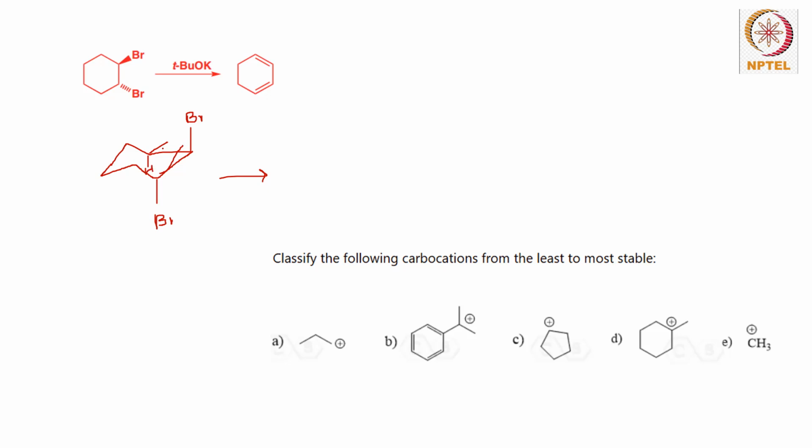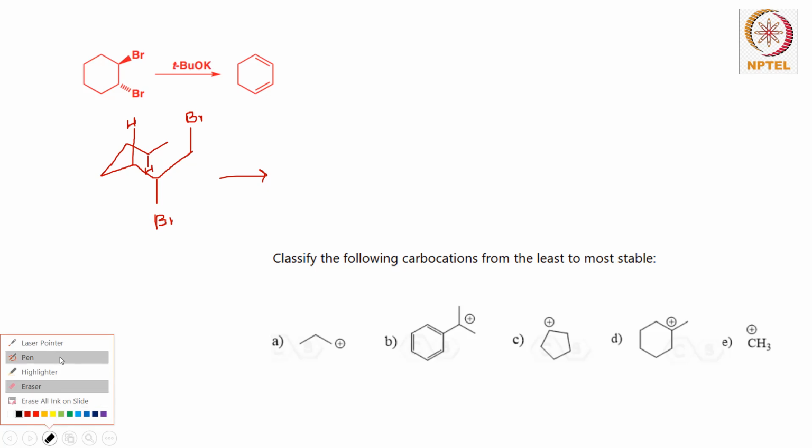See, this is totally anti to itself, and here is another H. So this is totally anti-periplanar to this bromine, and this hydrogen is anti-periplanar to this bromine.